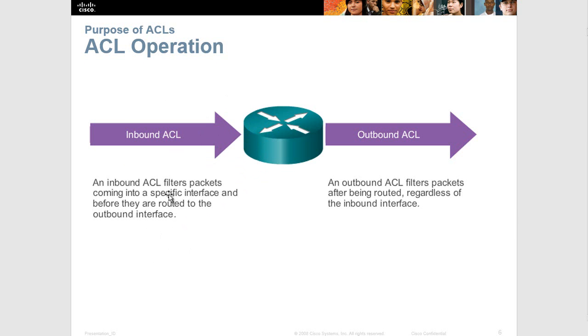So with an inbound access control list, you can save your router from having to do that lookup, wasting CPU cycles and processing on the router, in order to drop that packet before it ever gets looked up in the routing table. That's going to save you a little bit of time and free up your router to do other things. So hopefully the intention is to overall increase your network speed. So there will be situations where you'll want to use the inbound.